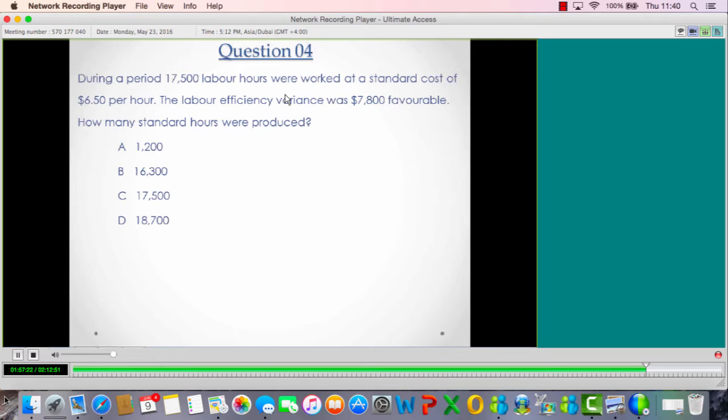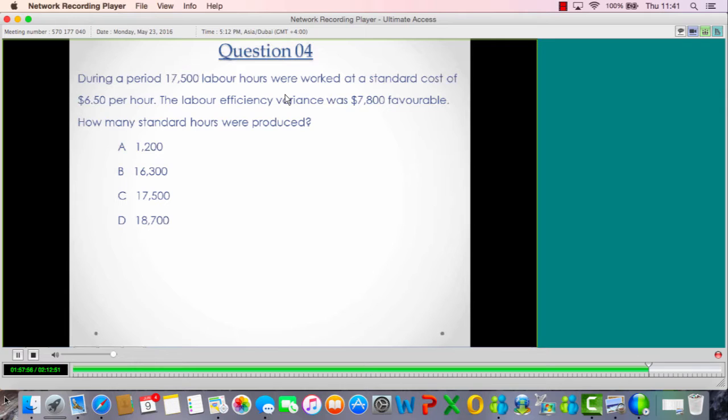So if I work 17,500 actual hours and my labor efficiency in hours is 1,200 favorable, how can I arrive at my standard hours? What should I do? You add the efficiency hours.